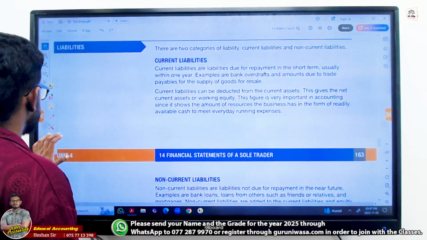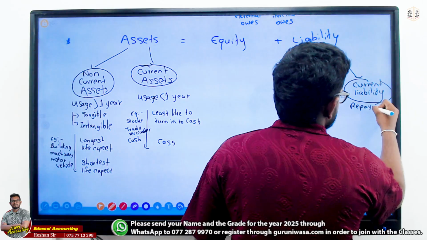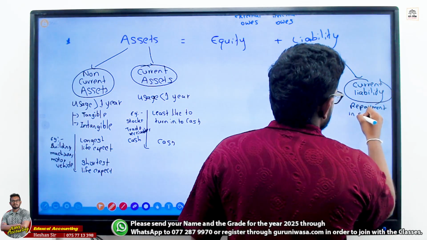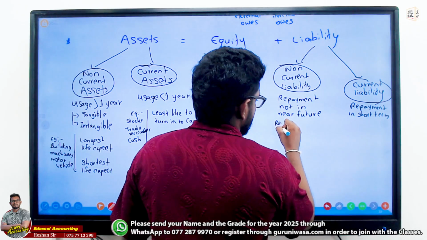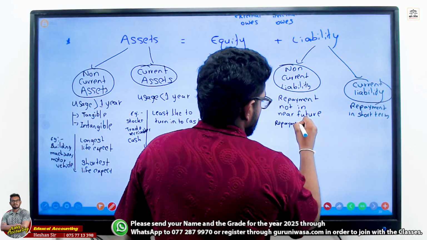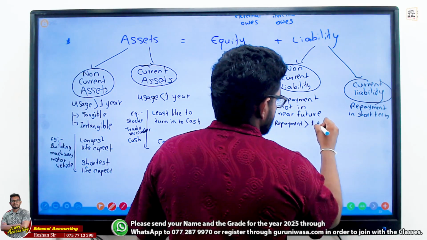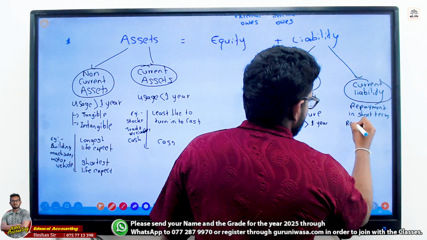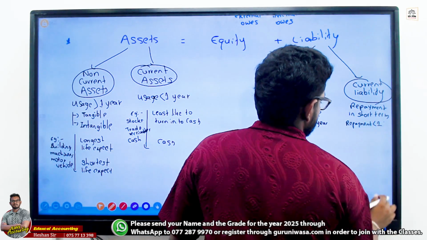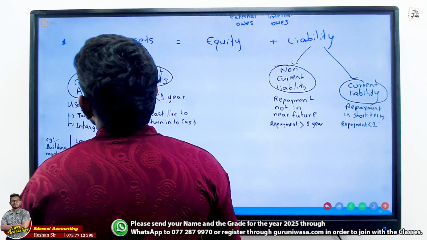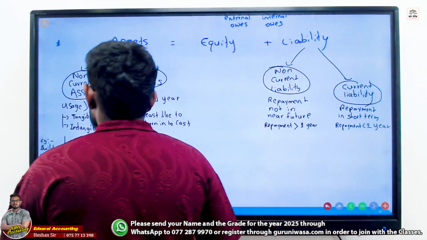Repayment in the short term, which means simply here repayment is less than 1 year. It means we need to quickly repay. That is how it is.